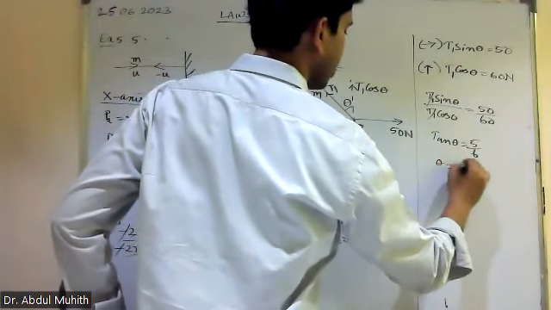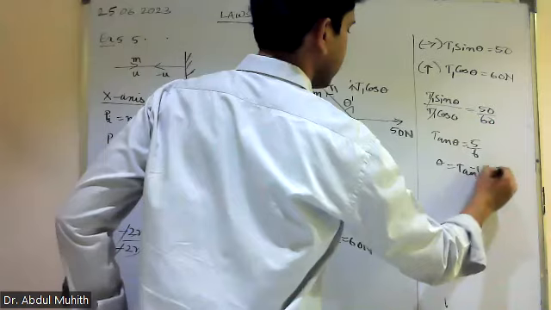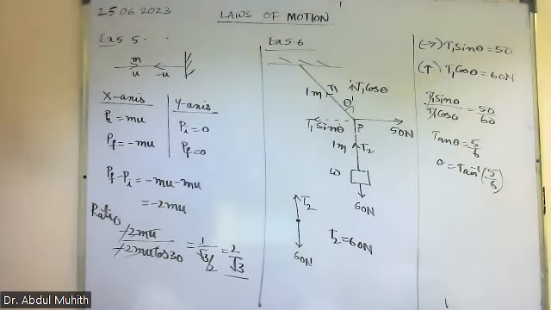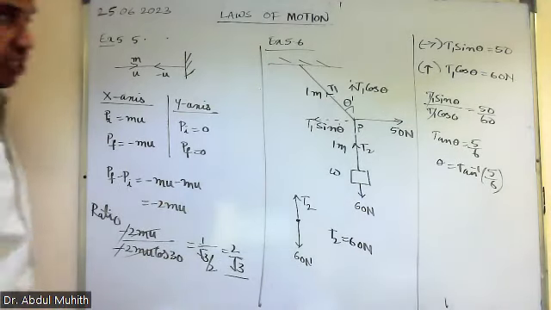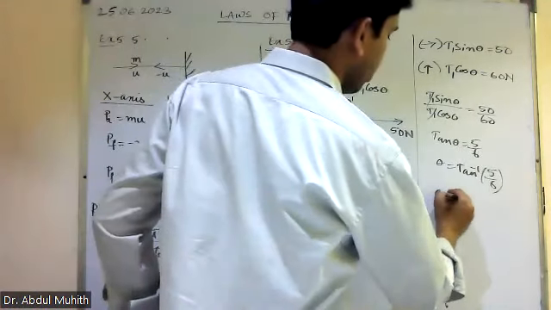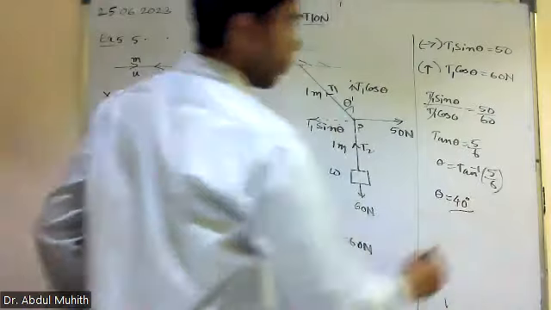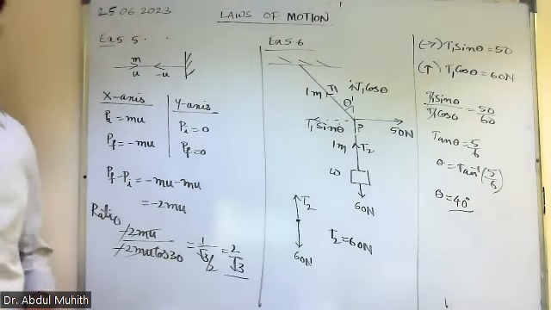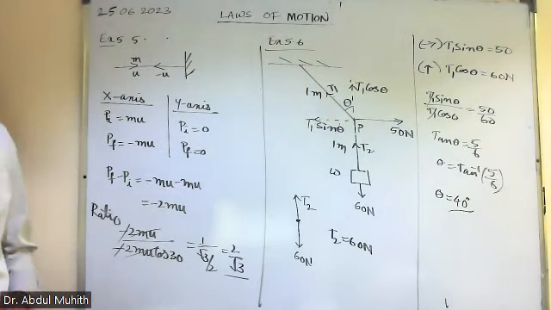Theta equal to tan inverse of 5 by 6, which comes to somewhere around 40 degrees. For this you have to use the Clark table, from there you can find the natural sin and natural tan values. Is this clear?